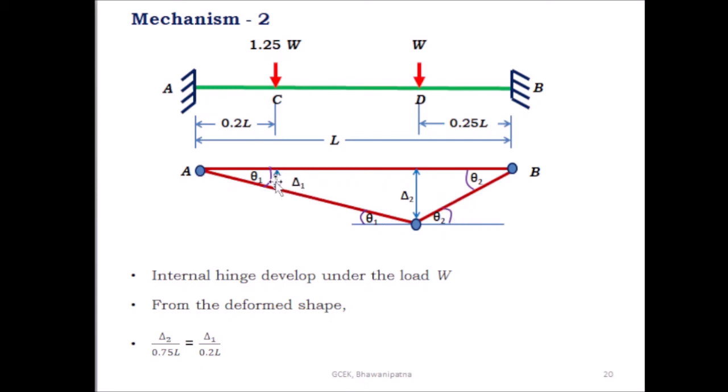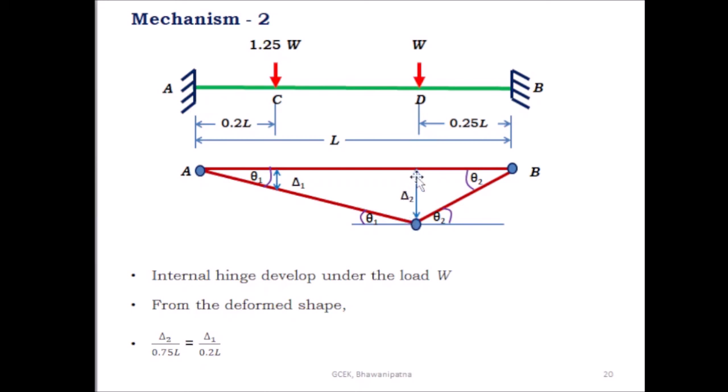Then by considering these two triangles, similar triangles, here also you have to consider two similar triangles. This is one triangle and this is another triangle, and from these two triangles we can find out the relationship between delta 1 and delta 2. Here we know the length is 0.2 L and this virtual displacement is delta 1, and this length is 0.75 L, and this virtual displacement is delta 2.